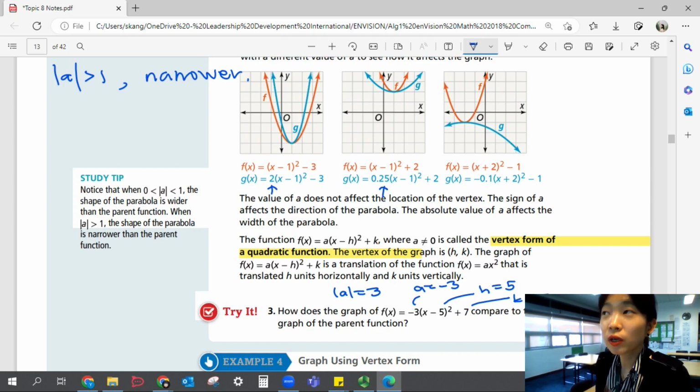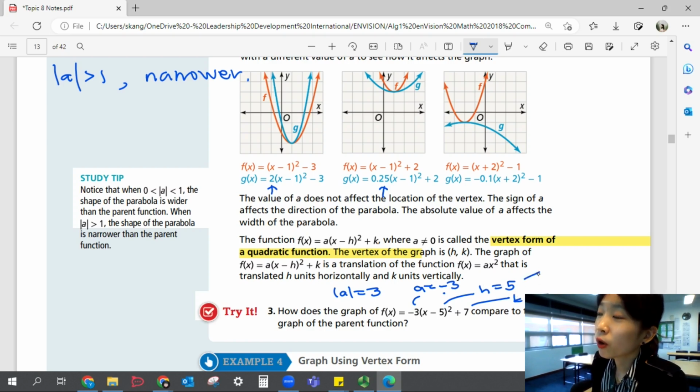What does A do? It makes it narrower or wider, right? What does the sign do? The negative sign is a reflection over the x-axis. And then H and K give you the vertex, and also they give you the translation, okay? So H means horizontal translation, K stands for vertical translation.